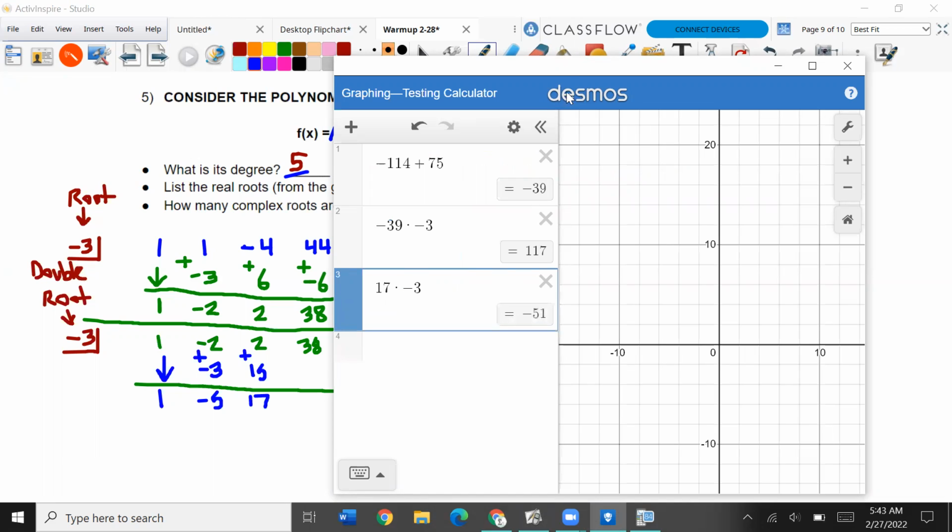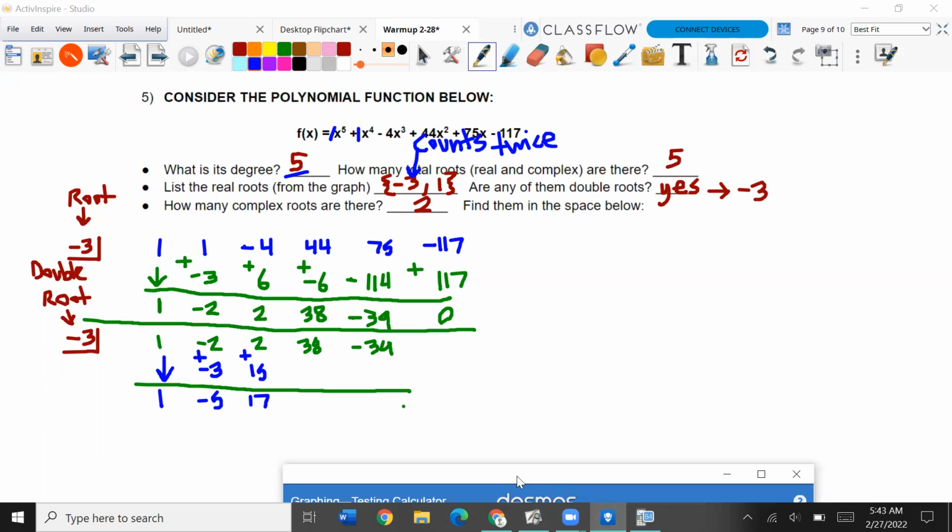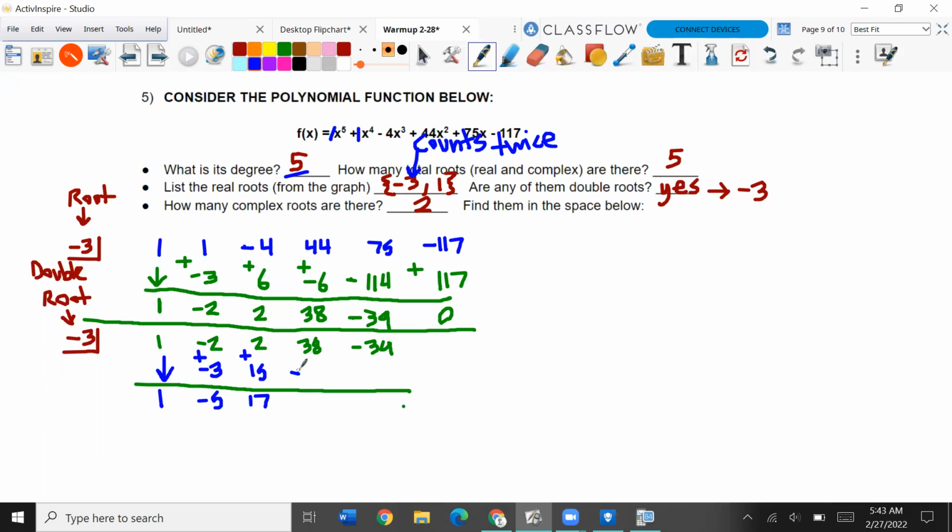So -51. All right, 38 plus -51 should be -13. -13 times -3 is 39. And we did this right because those give you 0. So the goal is to get a remainder of 0, right?